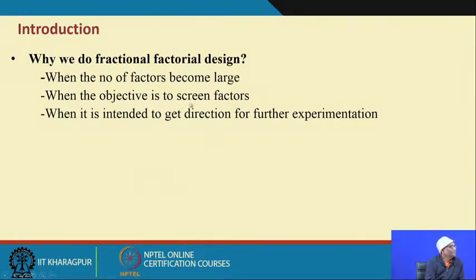When the objective is to screen factors, that is, to see which factors have effects and which have no effect, to screen out the trivial factors from further analysis or experimentation. And when it is intended to get direction for further experiments.